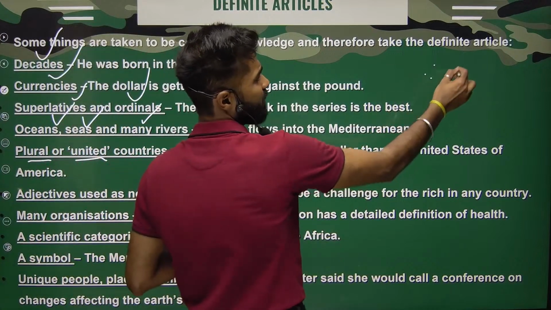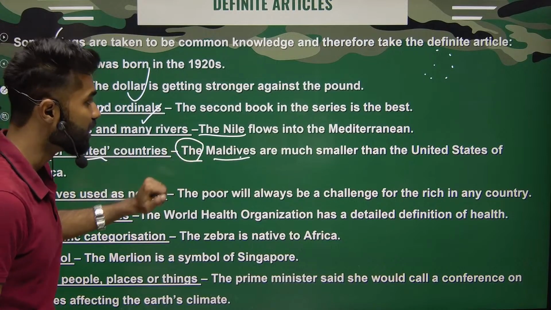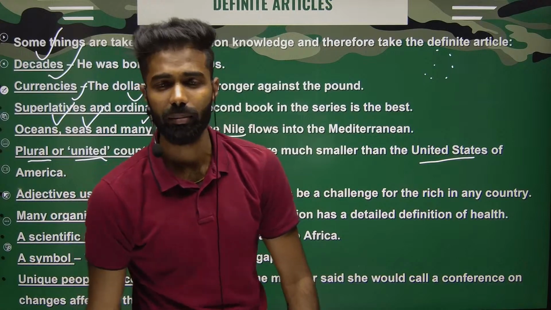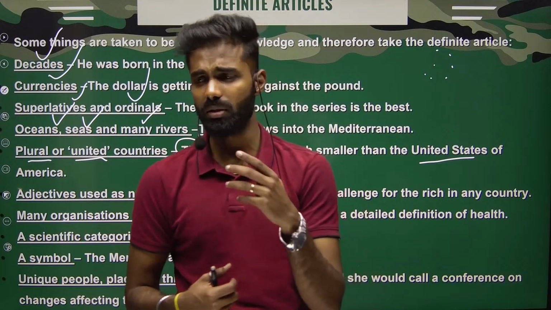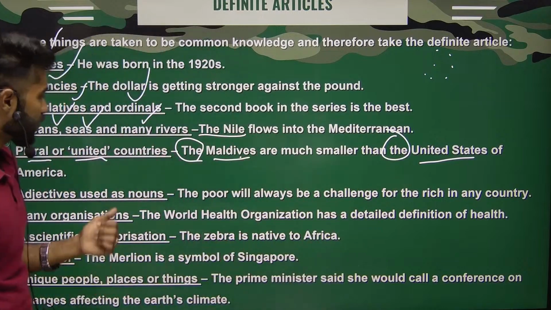Maldives is not one thing, it is plural, so always use the Maldives. The United Nations, the United States of America, the USSR. Always use "the" before countries which are plural or united.